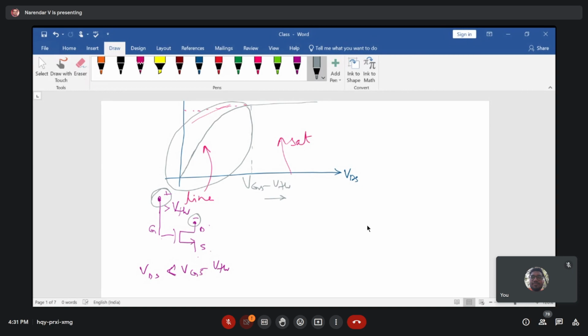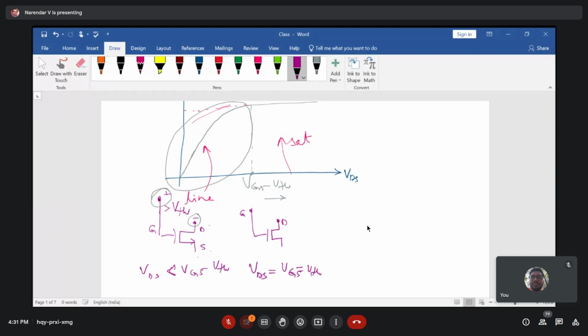Now coming to this point, the demarcation line of saturation and linear, if you draw your MOS transistor again, this is the drain terminal, this is the gate terminal, and the source is common for both. The condition here is that VDS is equal to VGS minus VTH.